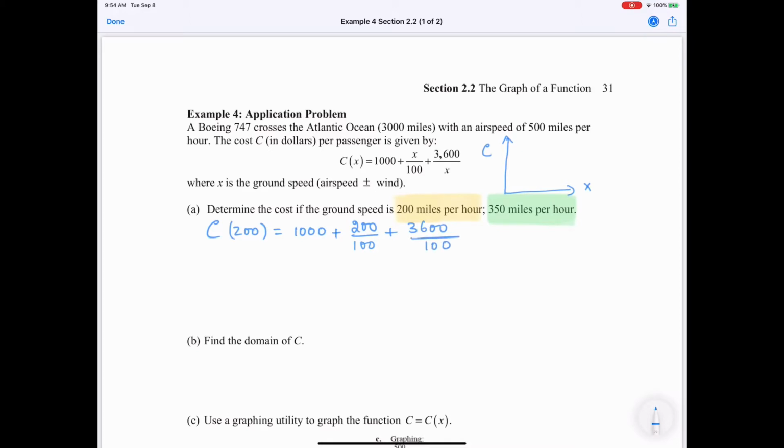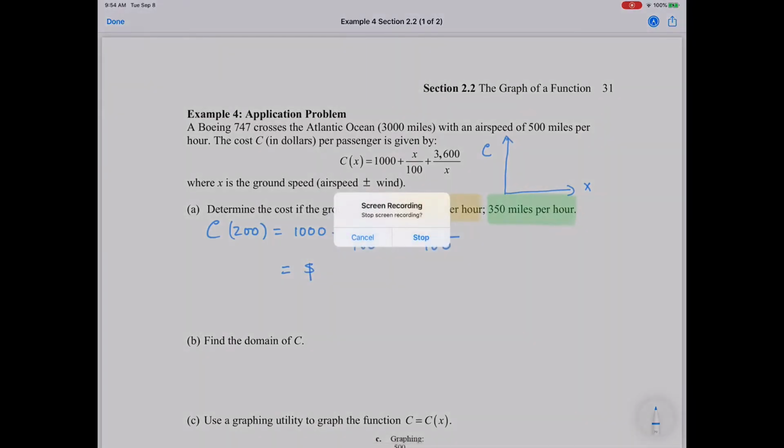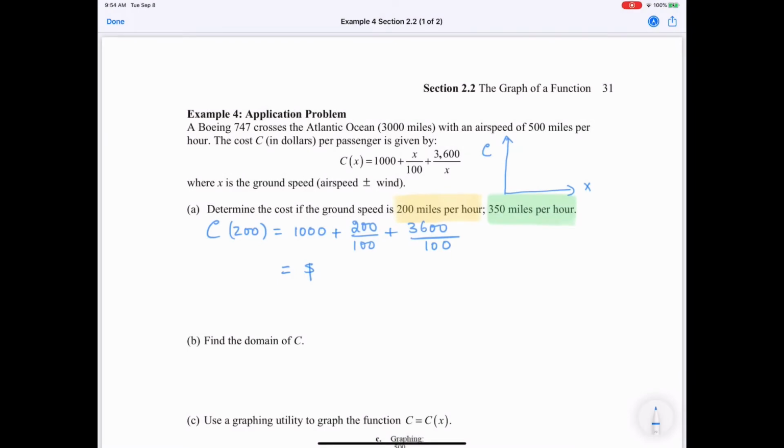If you simplify this, you will be getting a cost which would be... I'm taking my calculator to calculate this.